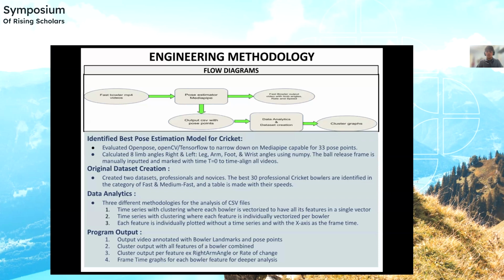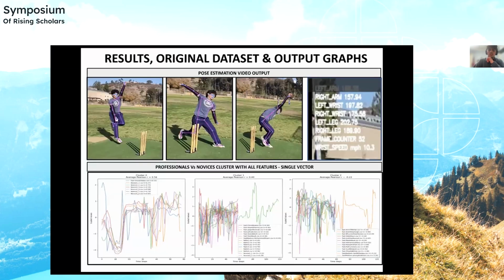Now with this, we're able to generate output graphs that will clusterize bowlers based on their bowling action for different angles. So three different types of graphs are generated. This is what the video looks like when you generate output, and obviously the angles are in the top left corner.